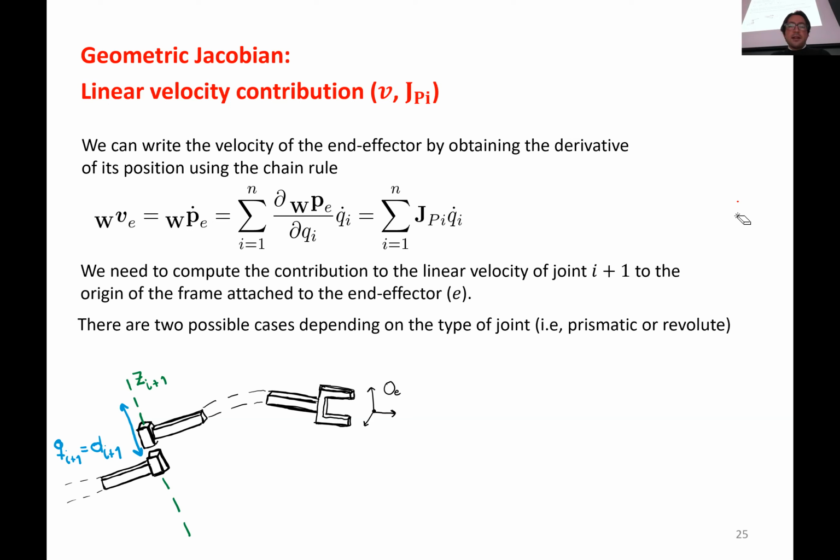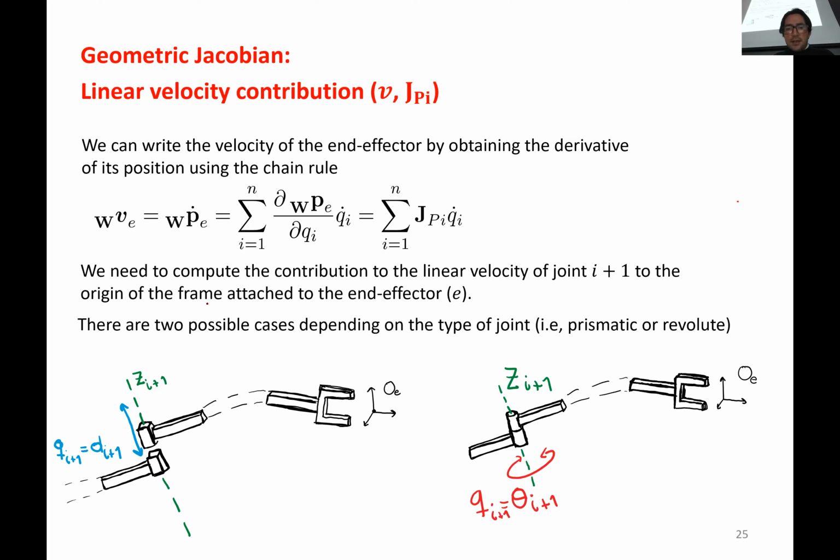This is a full kinematic chain, and we're paying attention to the prismatic joint indicated here by qi+1, and the dashed lines indicate that there are links in between. The second case is a revolute joint, where the joint variable is an angle, and again the dashed lines indicate that there are elements in between the links of the kinematic chain.